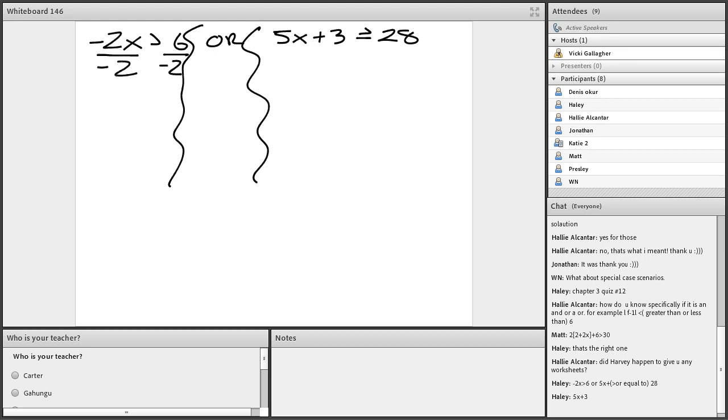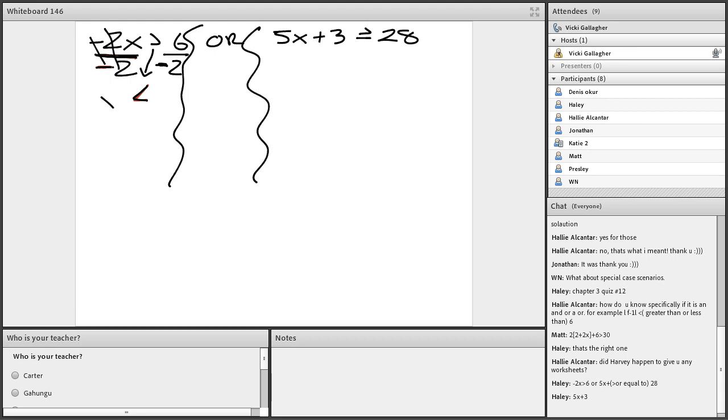And anytime the number under the division sign is a negative, on your very next step, you're going to flip your inequality and make it go the opposite direction. I like to write that first, so that I don't forget that this needs to flip because I divided by a negative. That's also true if you multiply by a negative.